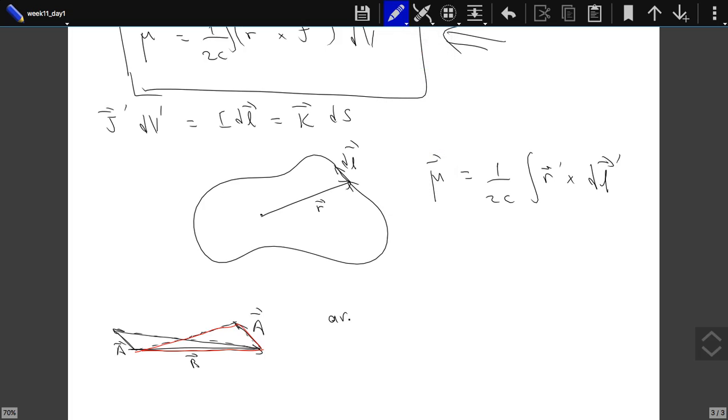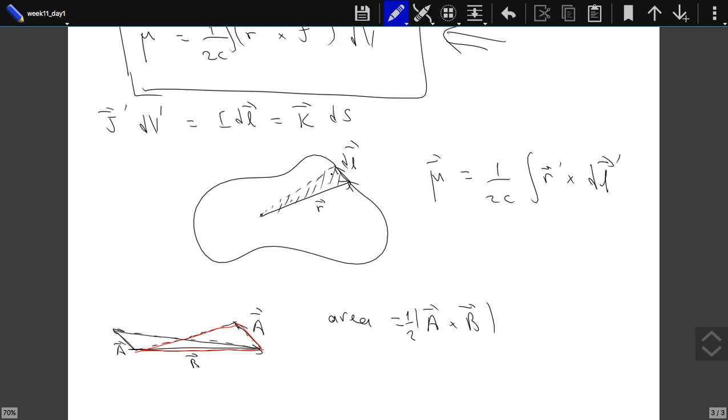So the area will be equal to the magnitude of A cross B. So you see, considering this area over here, yes, 1 over 2 times A cross B.